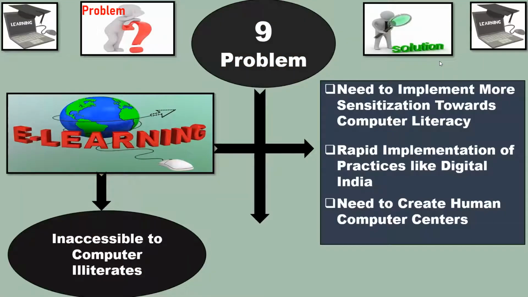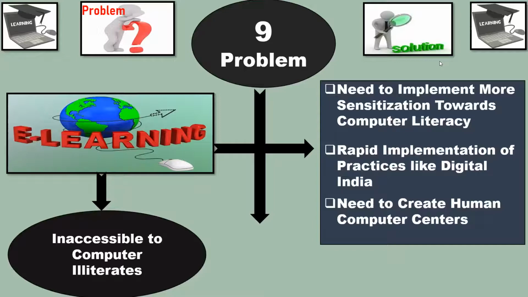Next one, a very important thing. It's almost a social consciousness. Unless the institutions and the teachers have social consciousness, this problem will never be eliminated. Inaccessible to computer illiterates. There are so many computer illiterates.